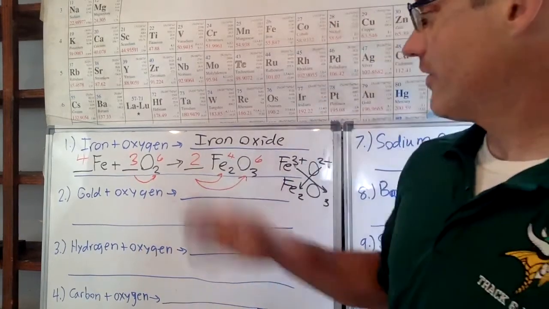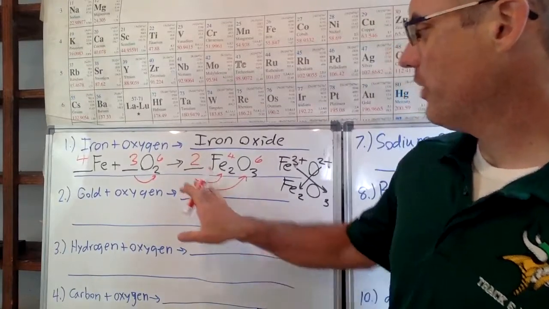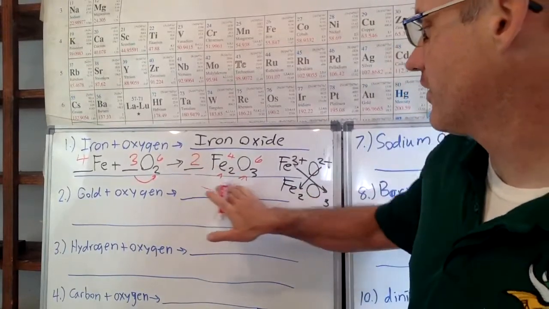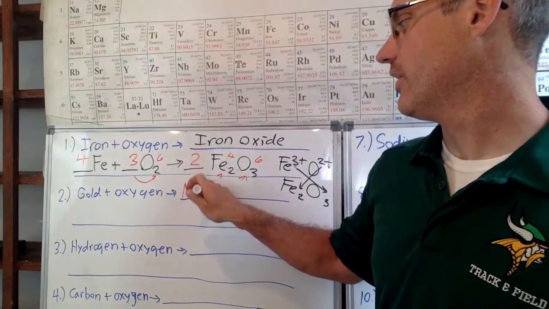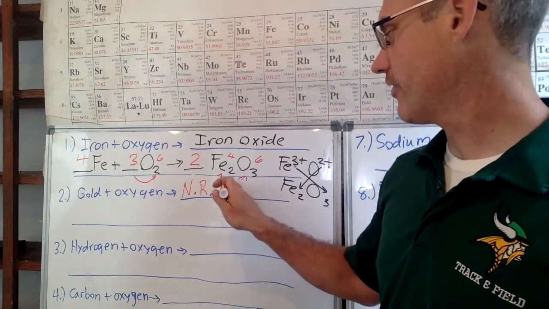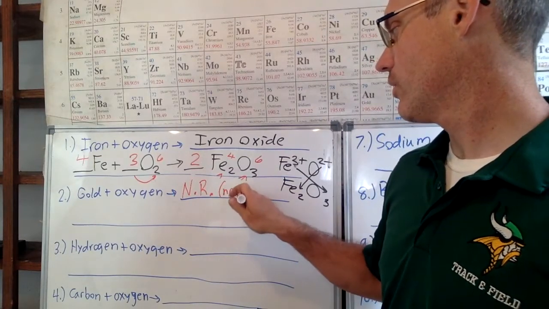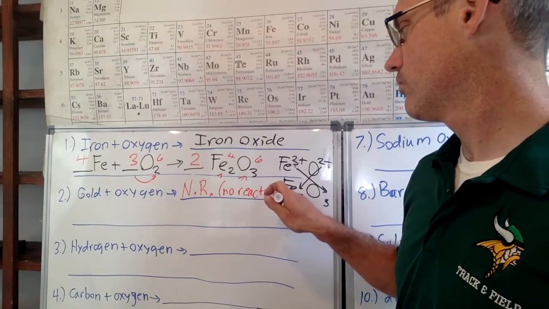So this does not react. How do we indicate that? We have an abbreviation for this because it's actually a very common occurrence that something will not react. And we write NR. NR stands for no reaction.